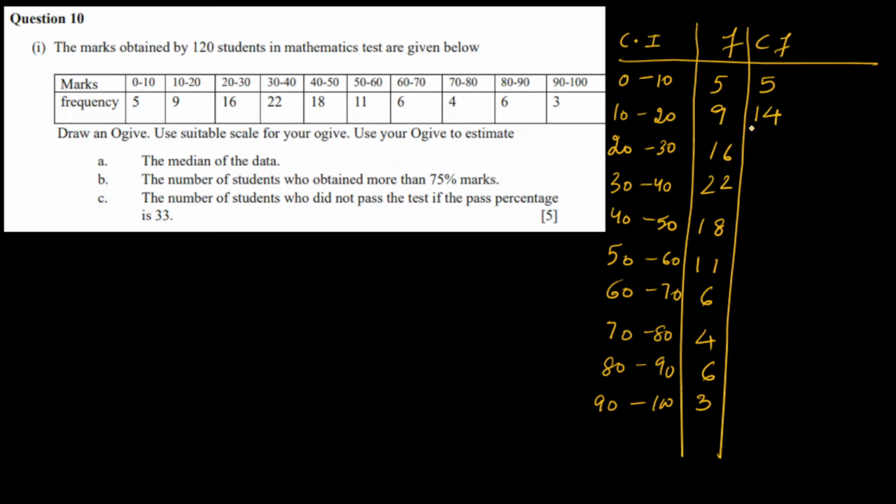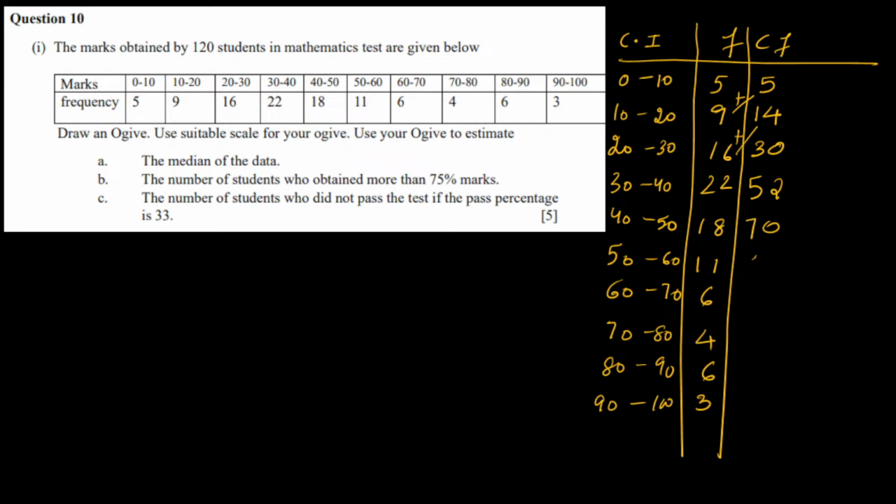14. 9 plus 5. So this way we can add. Then next one 14 plus 16. This will be 30. The next one 52. Then 52 plus 18, 70.